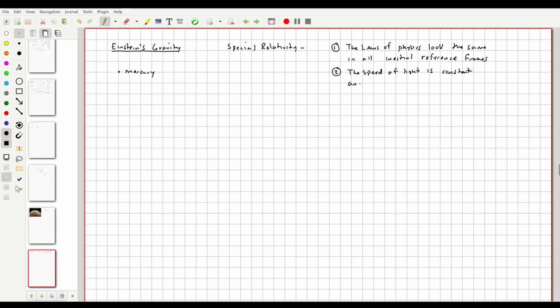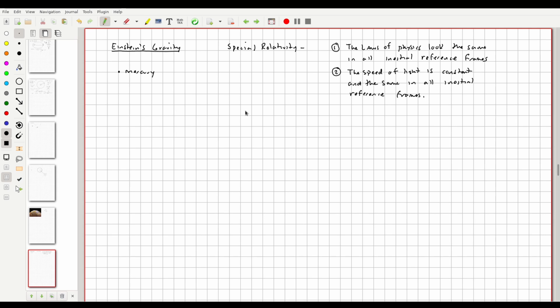It's also the same. We verified this experimentally.